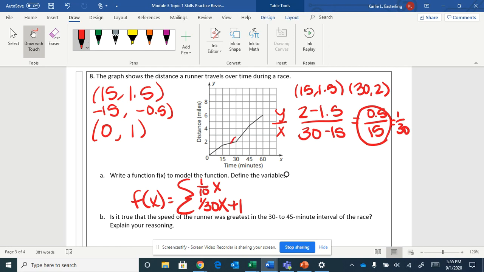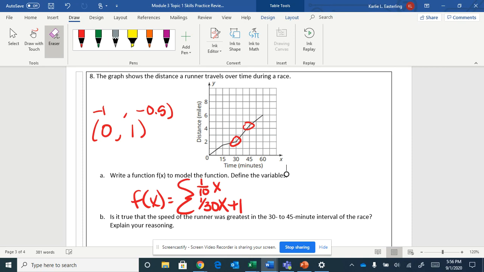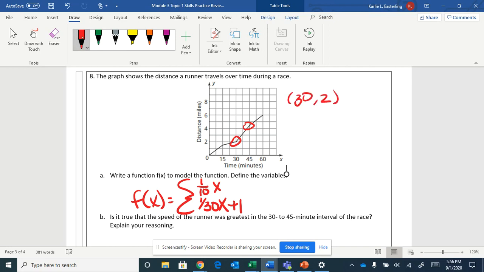So then for that next piece right here, we're going to keep using these points. And again, if you need what I have up here, go ahead and pause the video because I'm about to erase it. We're again still looking at the points (30, 2) and (45, 4.5).